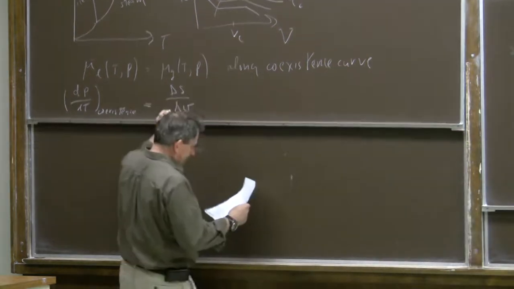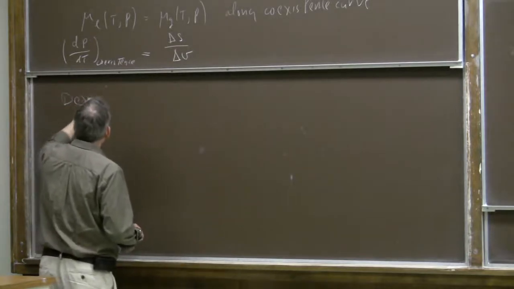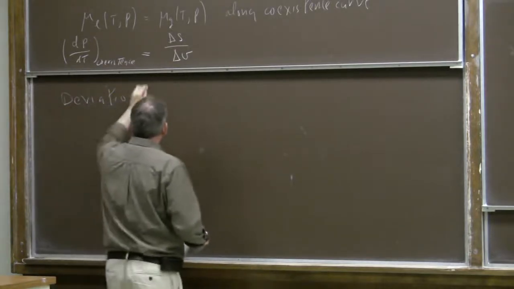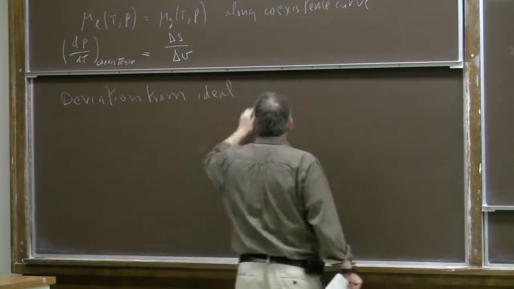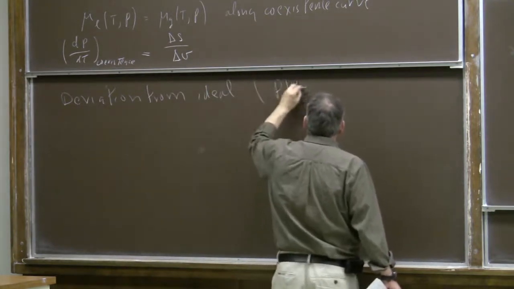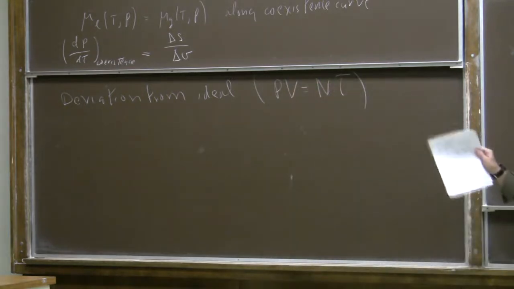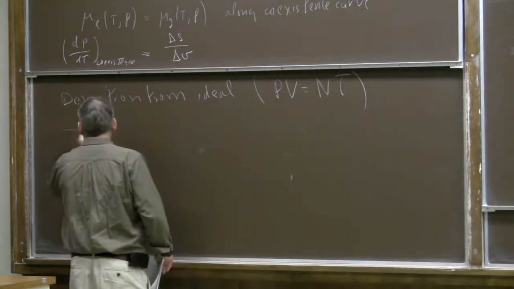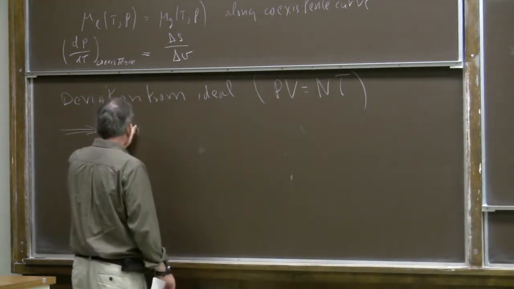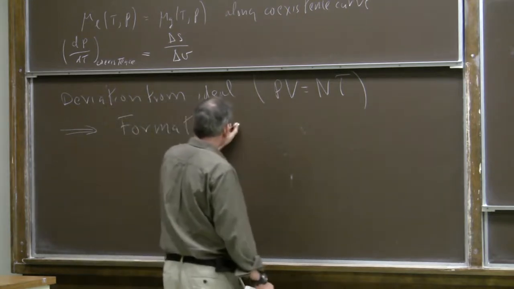So we want to understand how a deviation from ideal behavior of a gas, the ideal gas law PV equals n tau, will be modified so that formation of a liquid will be favored at low enough temperature.